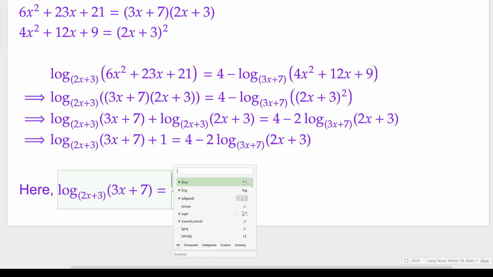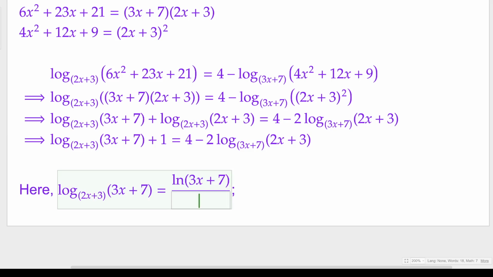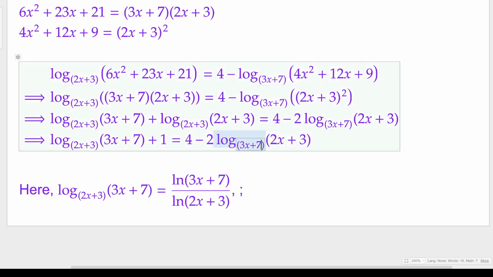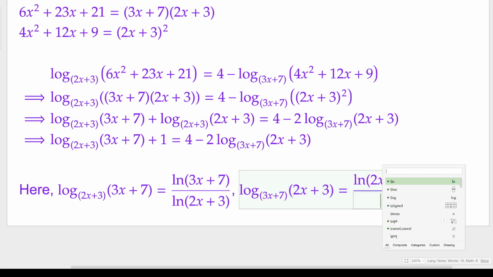I can use the intermediate base property, that is, natural log: the argument will appear in the numerator, and similarly I will take the natural log of the base in the denominator. Similarly, when we have log base 3x plus 7 with argument 2x plus 3, this can be written as natural log of the argument, 2x plus 3, over natural log of the base, 3x plus 7.